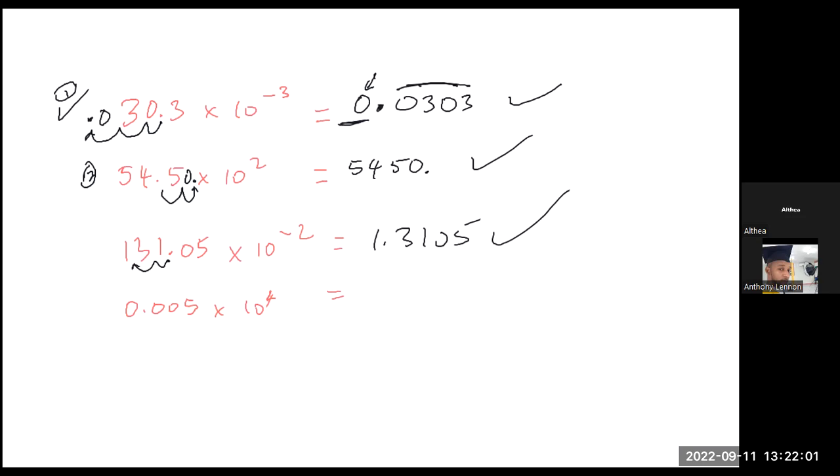Point, so go 1, 2, 3, and then 4. So put a 0 here. So we will ignore all these zeros, since the point is now in front of a non-zero digit, and put 50. Very good.